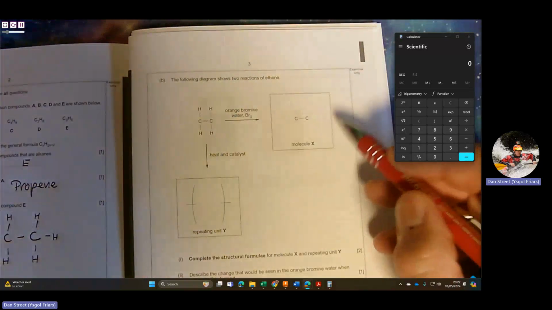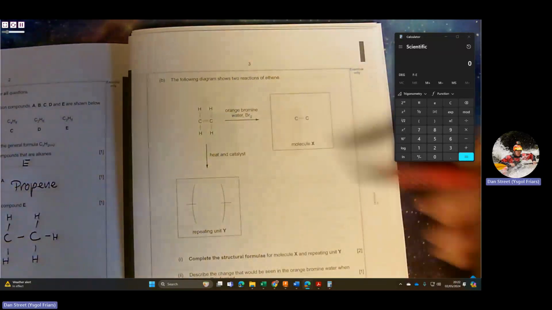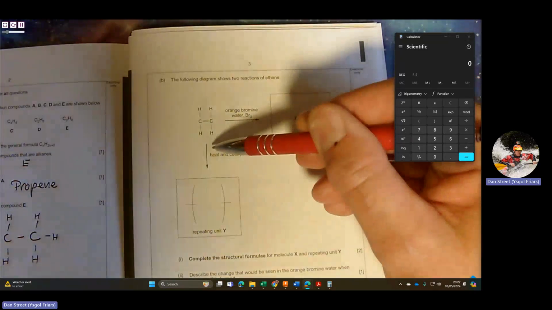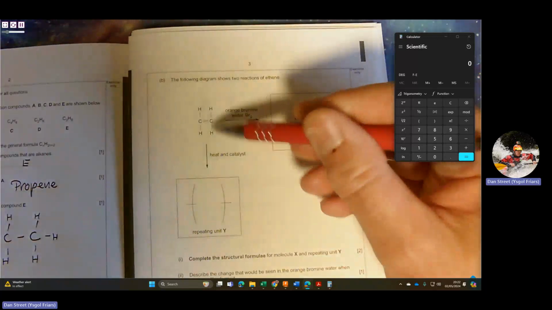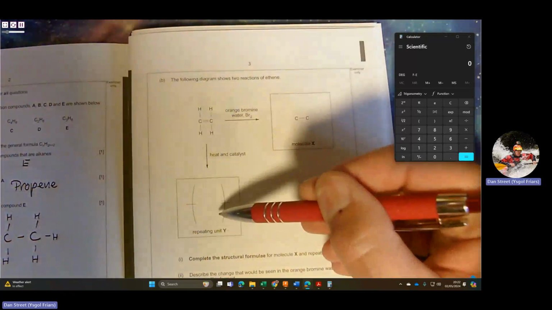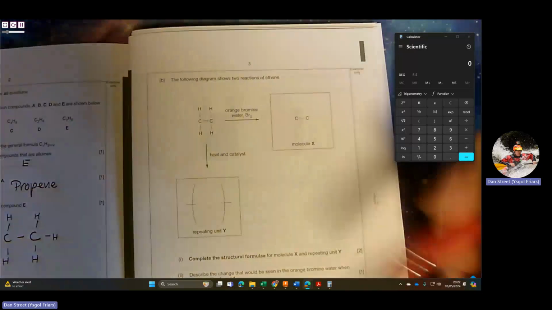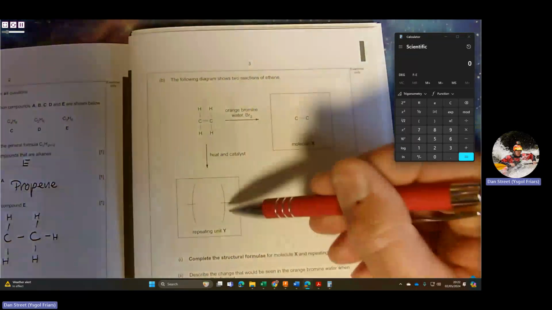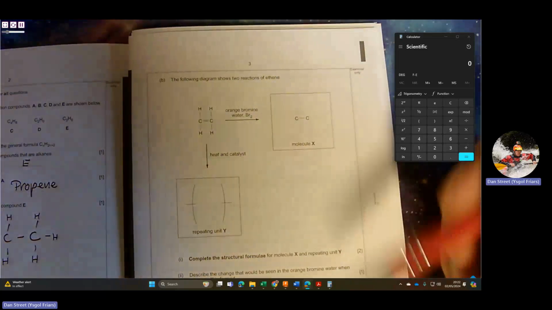We're going to fill in the structural formula of the product just here. But also we've got the polymerization by catalysis of ethene to make a polymer. We can recognize that from these big brackets with the bond going through the brackets to show that this is a repeating unit.